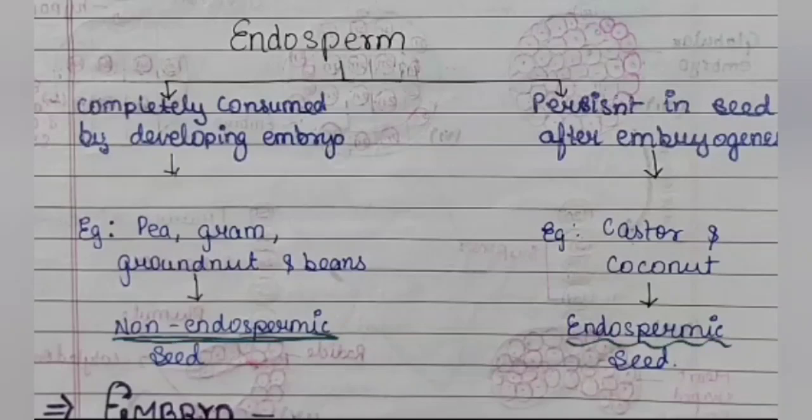While if the endosperm has been completely consumed by the embryo, then that seed is known as a non-endospermic seed. Examples of non-endospermic seeds are pea, gram, groundnut and beans, while castor and coconut are examples of endospermic seeds.